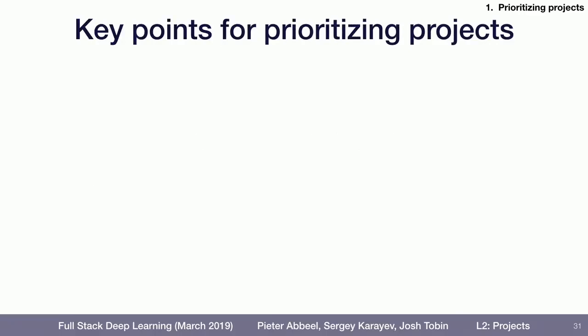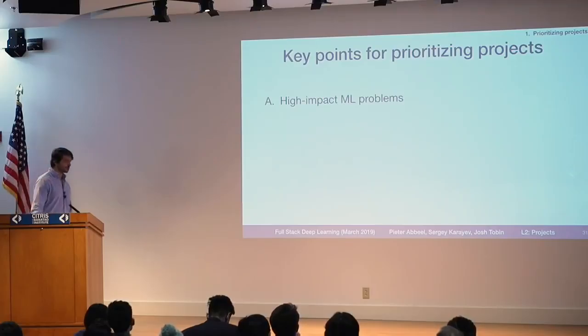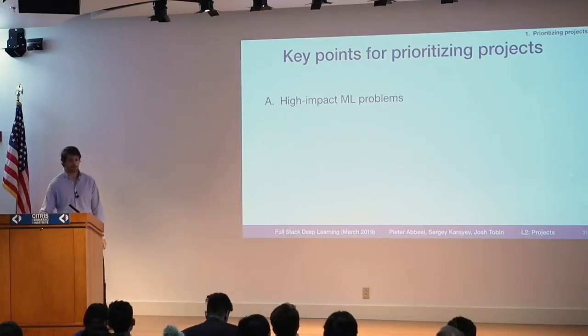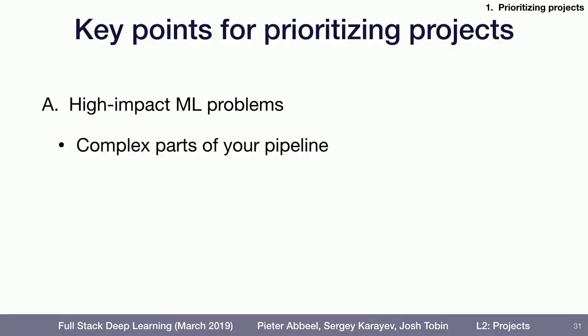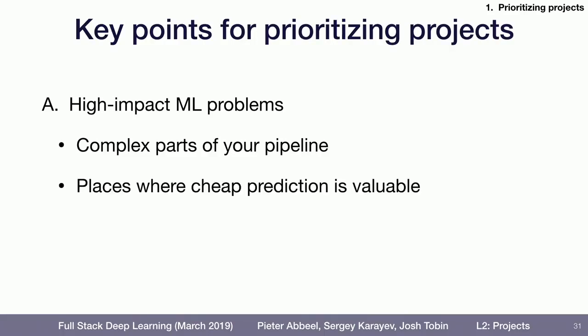OK, so starting with prioritizing projects, a couple of key points I want to cover here. The first is how to think about finding high-impact machine learning problems. I think this is really hard, but I do want to cover a couple of frameworks that I think are useful for thinking about this. One is thinking about automating complex parts of your pipeline. And another is thinking about places where cheap prediction can be valuable.